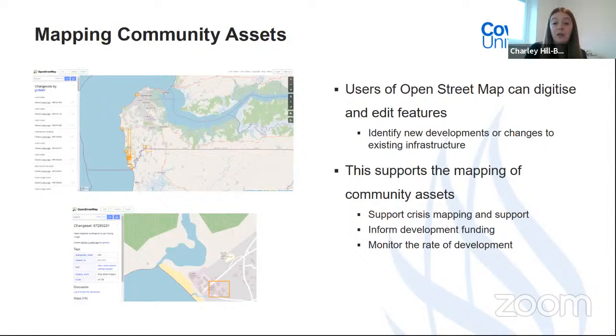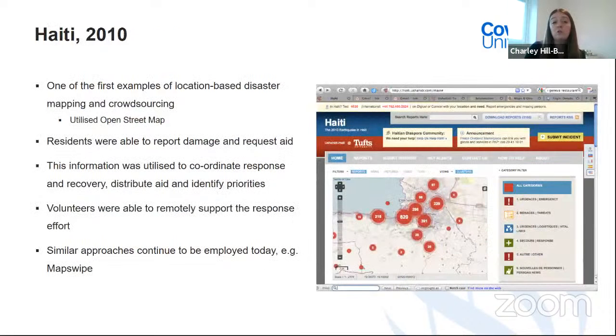So OpenStreetMap and the ability to input information becomes quite key for us as users, but also for the wider community as well. And drawing on that example, there is something that's called crowdsourcing that has actually become quite popular in the sense of using volunteers, using crowds or the general public to increase our geospatial abilities.